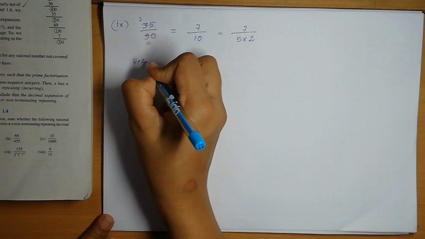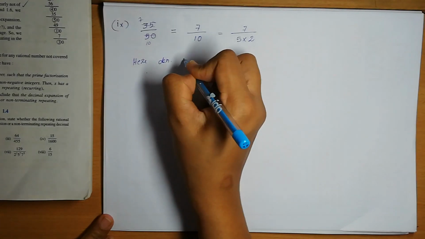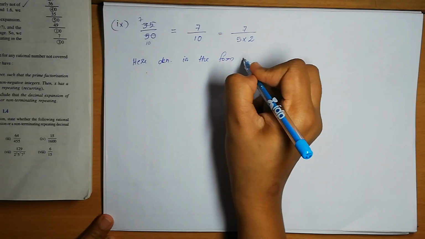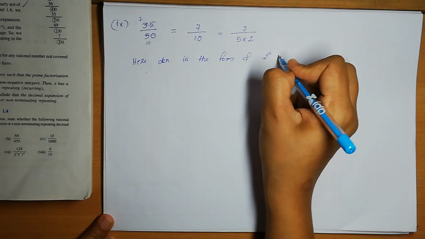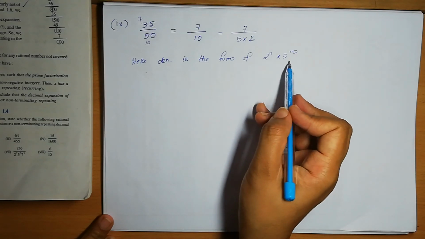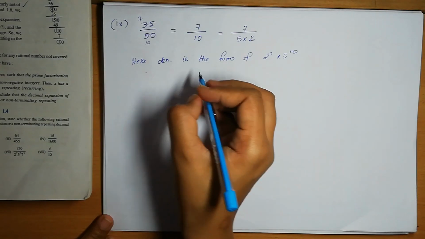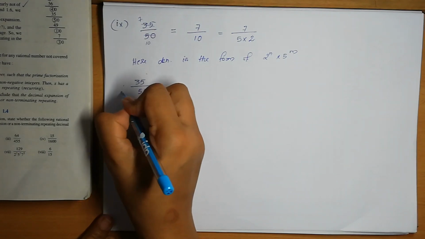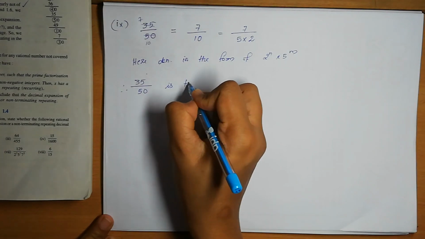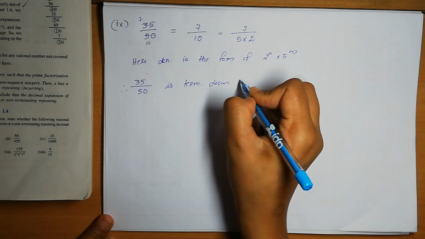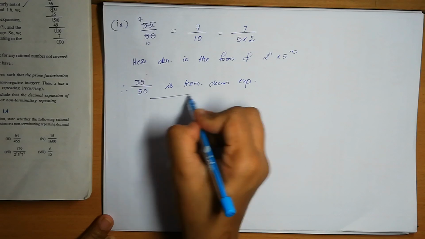If the denominator is in the form of 2 power n into 5 power m, what can we say? Therefore 35 by 50 is a terminating decimal expansion we can write.